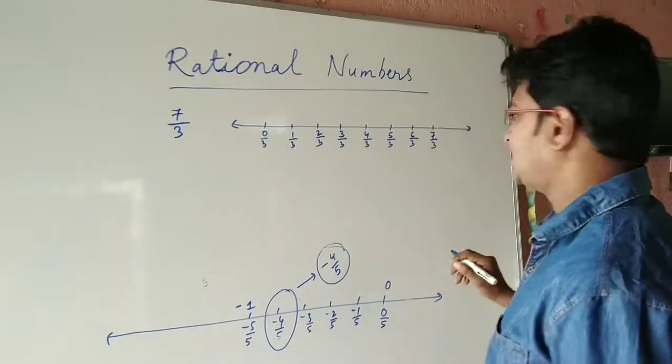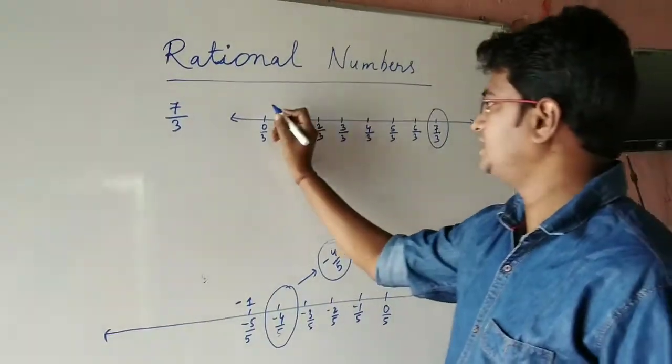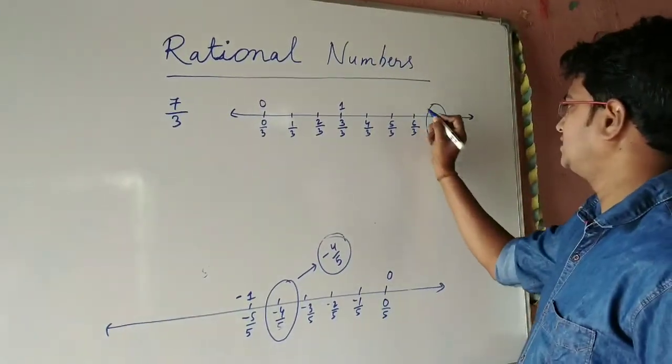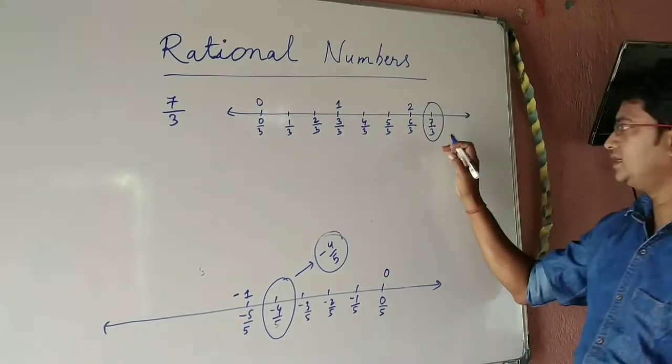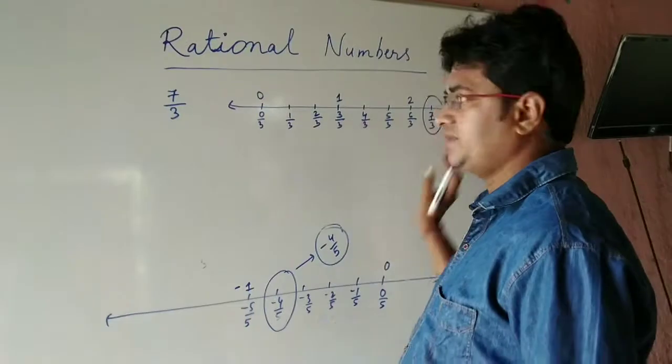So here for 7 by 3, you are getting this part. Now see, 0 by 3 is 0, 3 by 3 is 1, 6 by 3 is 2, and here you are getting the next term. This is the first way.